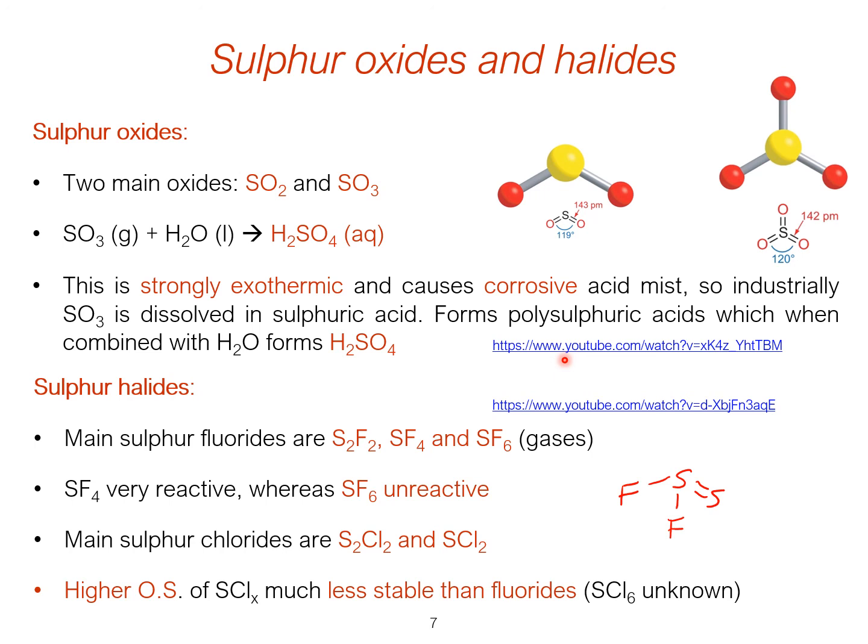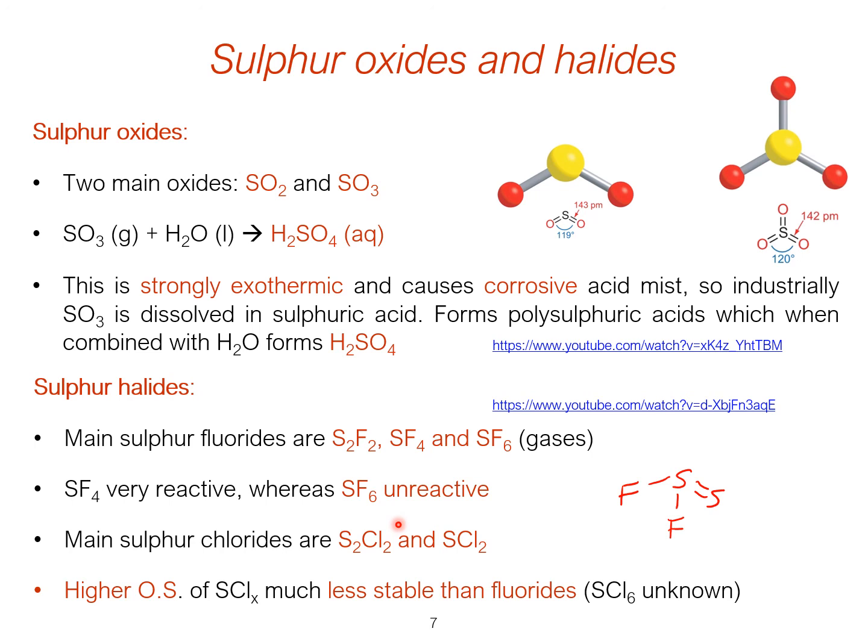It's very unreactive, very inert, and very heavy. Because it's a lot heavier than air, it almost has the opposite effect to helium if you inhale it. Helium's a lot lighter than air, so it makes you get that really high voice. If you do the same thing with SF6, you get a super low voice, and that's what this video here is, a 40-second video from Mythbusters showing what it does to your voice.